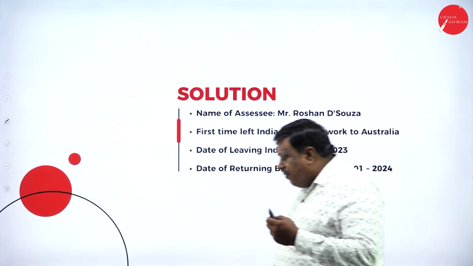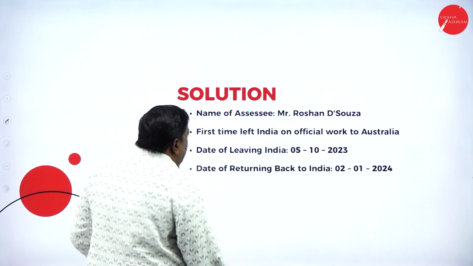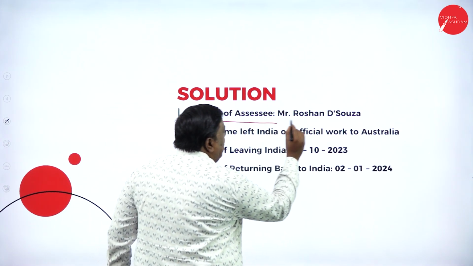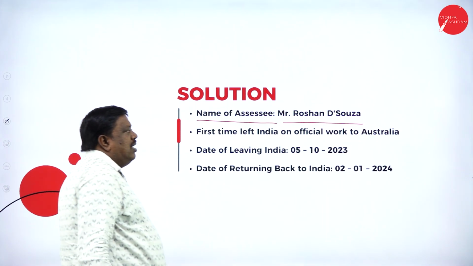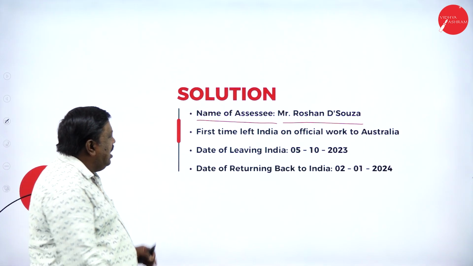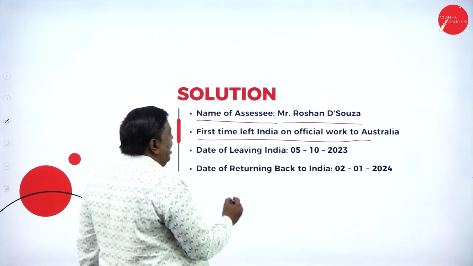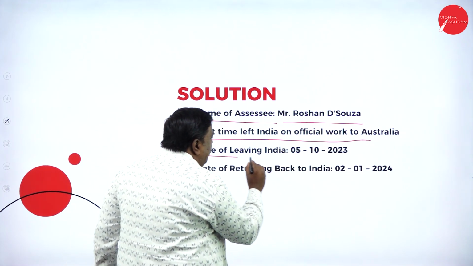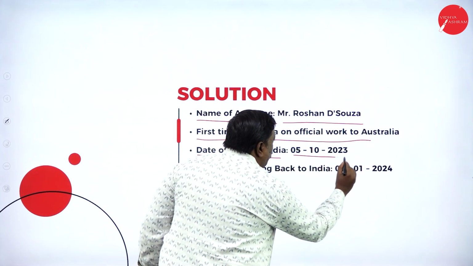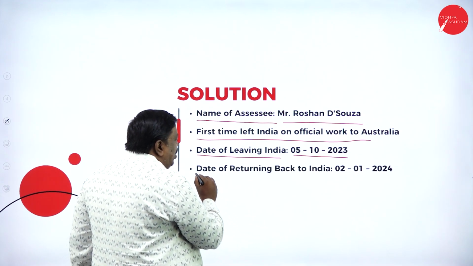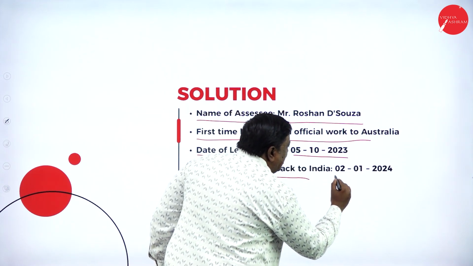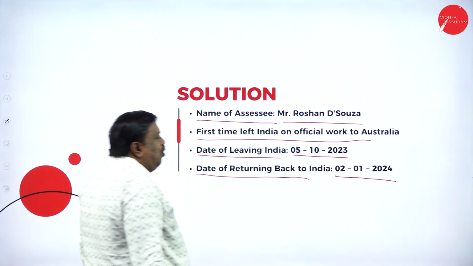So, the given information: the name of the assessee is Mr. Roshan D'Souza. First time he left India on official work to Australia. Date of leaving India, 5th October 2023. Date of returning back to India, 2nd January 2024.